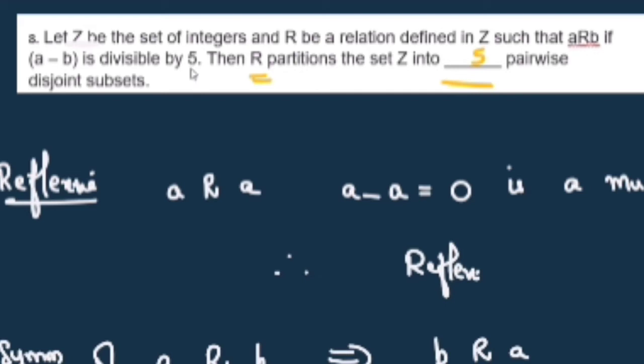If the question is divisible by 4, there will be 4 partitions, because you have the remainders 0, 1, 2, 3. If it is divisible by 6, you have 0, 1, 2, 3, 4, 5, so there will be 6 partitions. Because here it is divisible by 5, we wrote 5 pairwise disjoint sets.